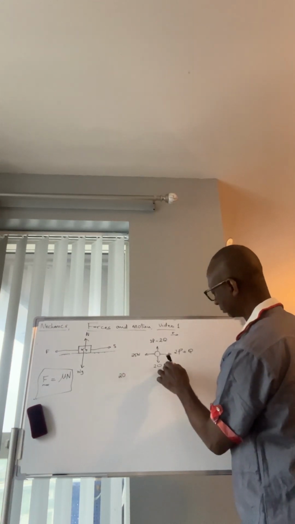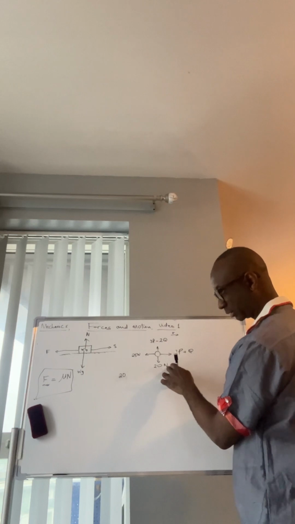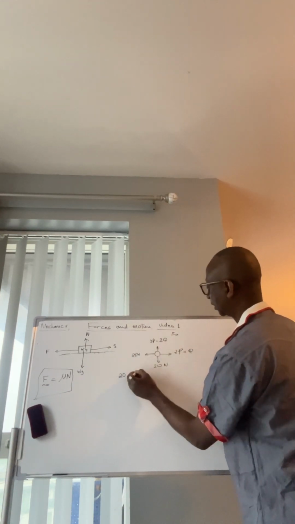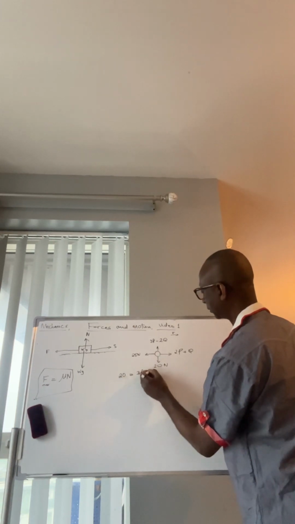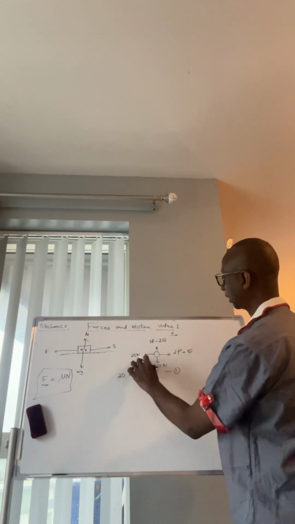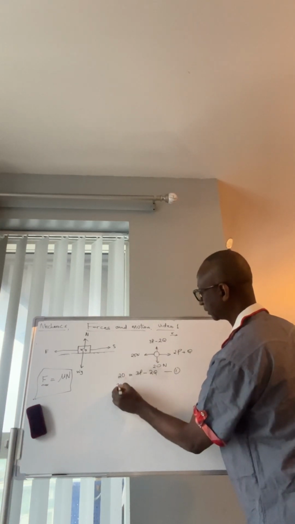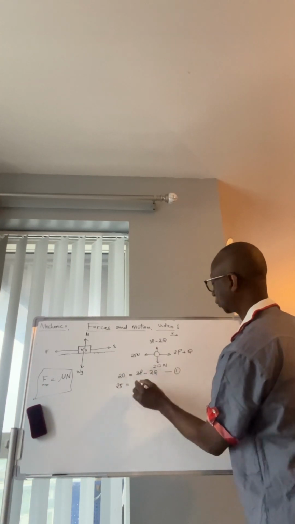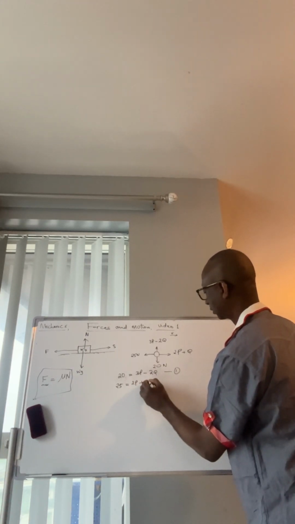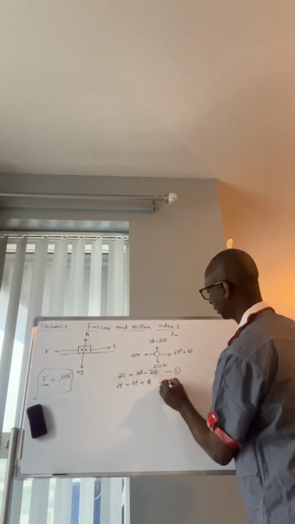Let me ignore the unit for now, yeah? This is equals to 3p minus 2q. This is our equation 1. And we have 25 newtons equals 2p plus q. This is equation number 2.